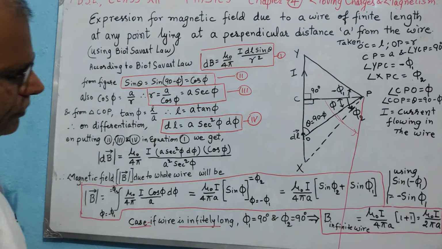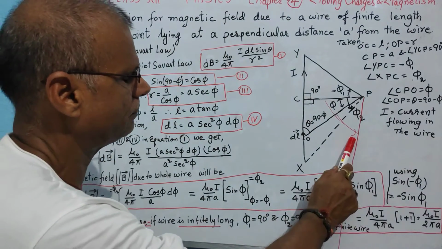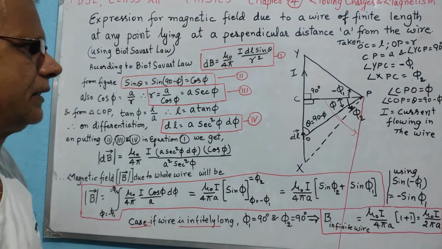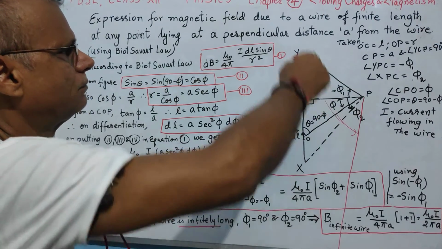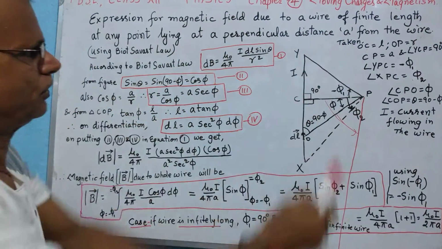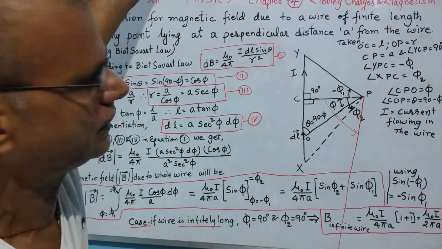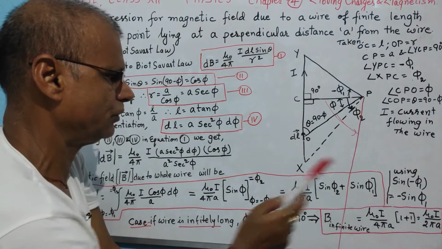And so we can imagine if the wire is infinitely long, this angle will become 90 degree, approaching 90 degree, and similarly this angle will also become 90 degree because wire is infinite, so its length goes beyond any limits.